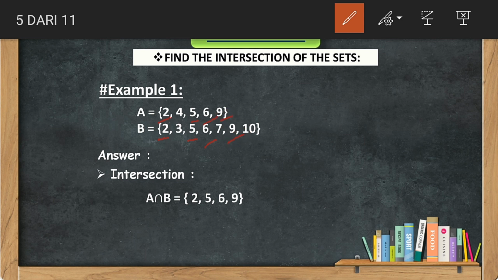Therefore, the intersection of sets A and B is 2, 5, 6, and 9. That's how you can find the intersection of two sets.